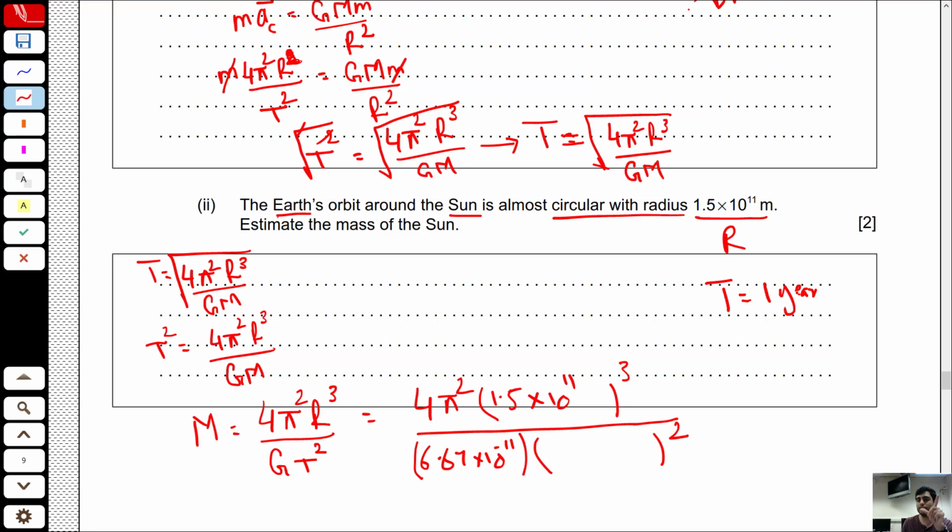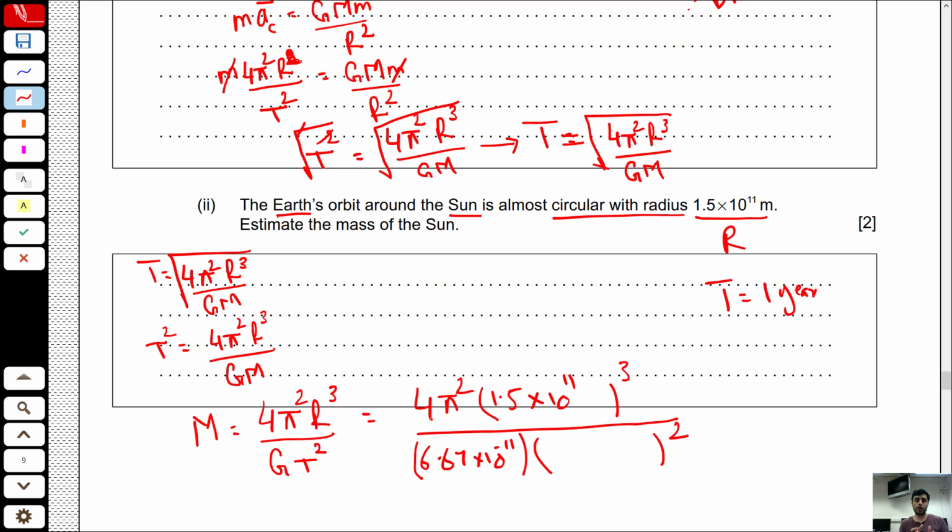It takes 1 year for the Earth to complete the orbit around the Sun, and it takes 24 hours for the Earth to complete its own rotation about its own axis. So Earth rotates about its own axis in a 24 hour time period, whereas the Earth orbits around the Sun in 1 year. Make sure you can distinguish between 24 hours and 1 year.